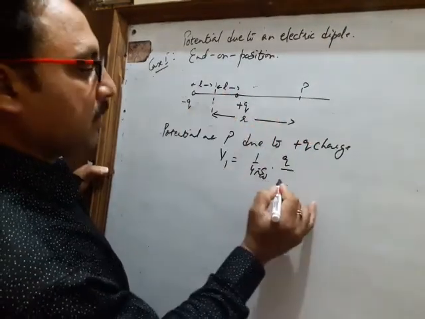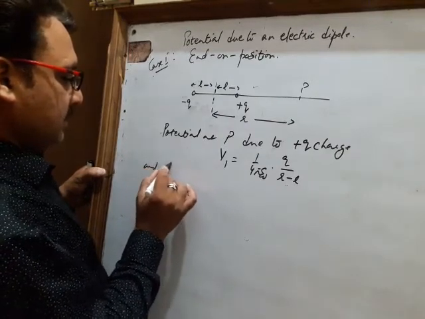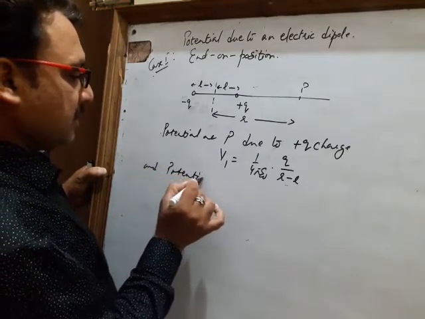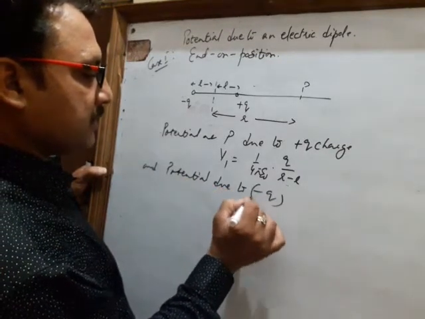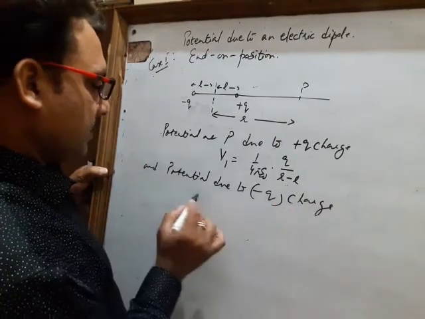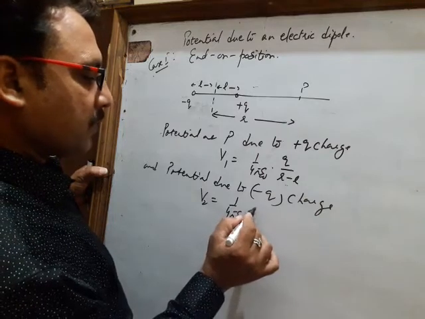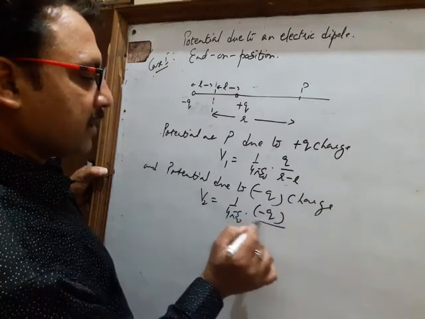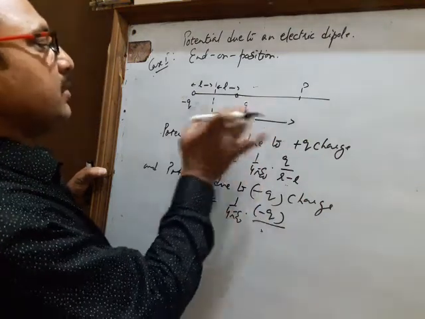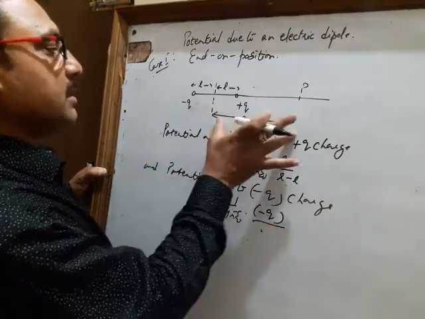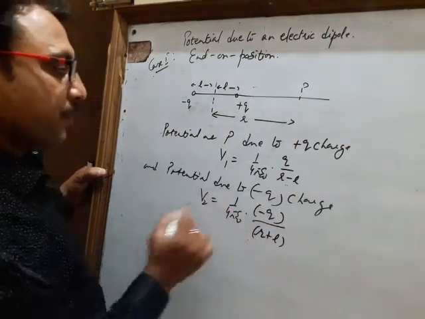R minus L. And potential due to minus Q charge, that is V2 equal to, I told you potential is a scalar quantity, so for a negative charge the potential is negative. From minus Q, what is the distance? R plus L.